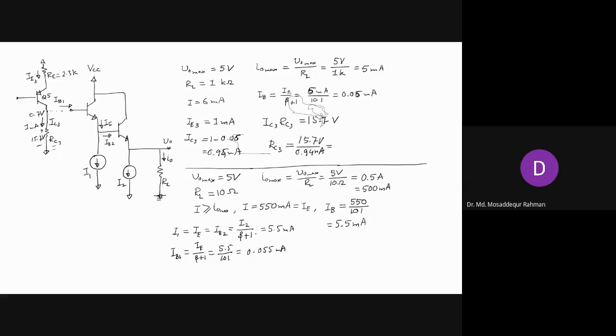And now here, when we need the maximum current of 500 milliampere, and we designed for the base current of 550, the IB needed was 5.5. Now, using what we call the Darlington pair, that reduces to again 0.055, around the same value that we had for the previous case.